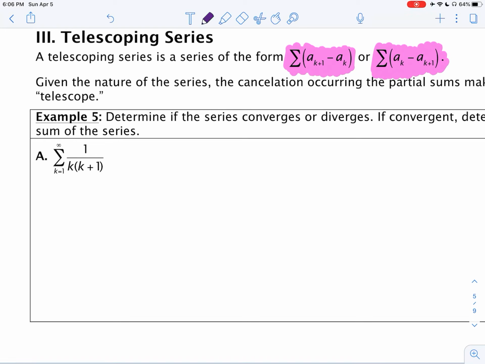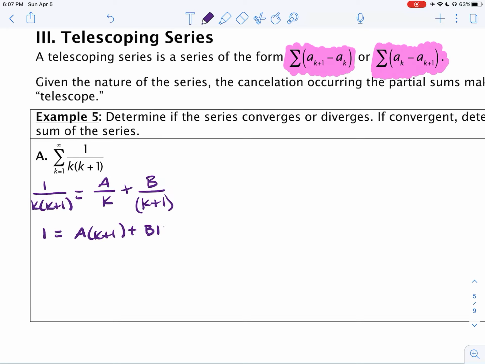So let's remember how we do partial fraction decomposition. 1 over k(k+1) is going to equal A over k plus B over k+1, because we do have a proper rational expression that's already completely factored. When I multiply on both sides by the denominator on the left, I end up with 1 equal to A times (k+1) plus B times k.